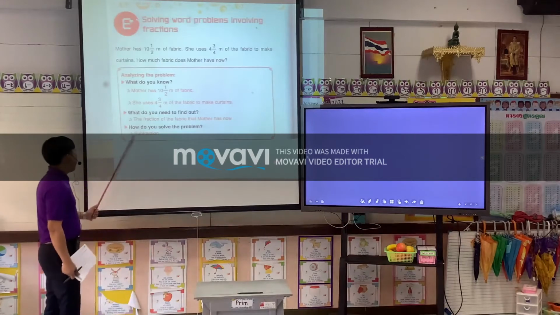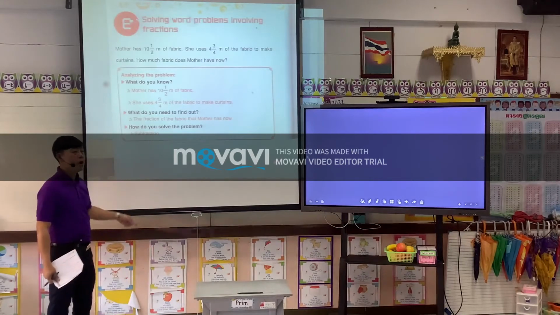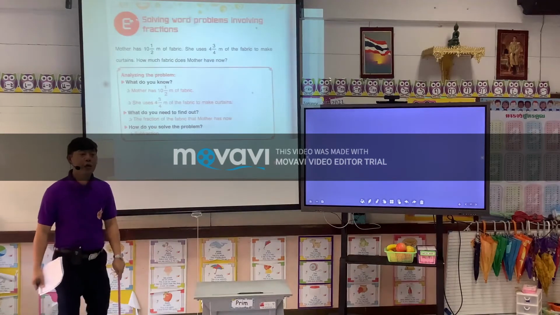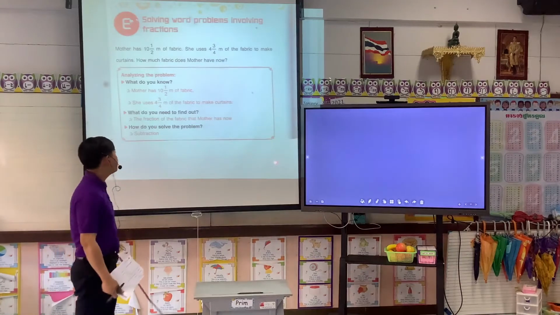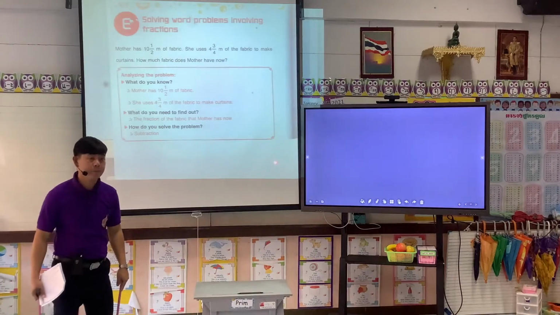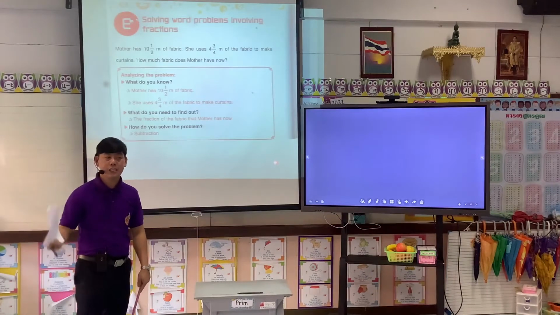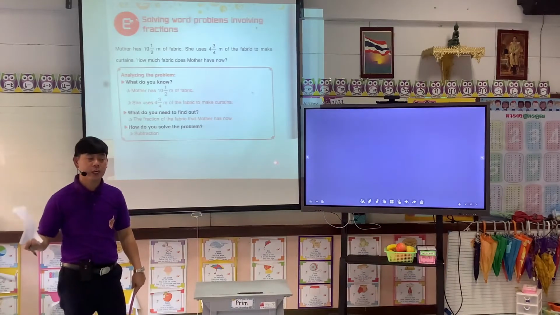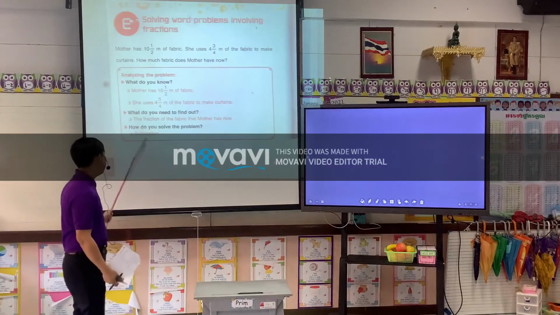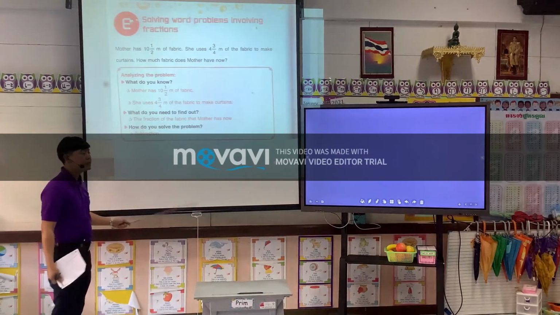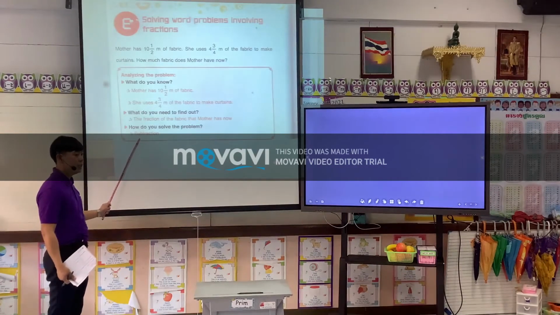Okay, how do you solve the problem? What operation can we use to solve this problem? Addition, subtraction, multiplication, or division? The operation we can use is subtraction.